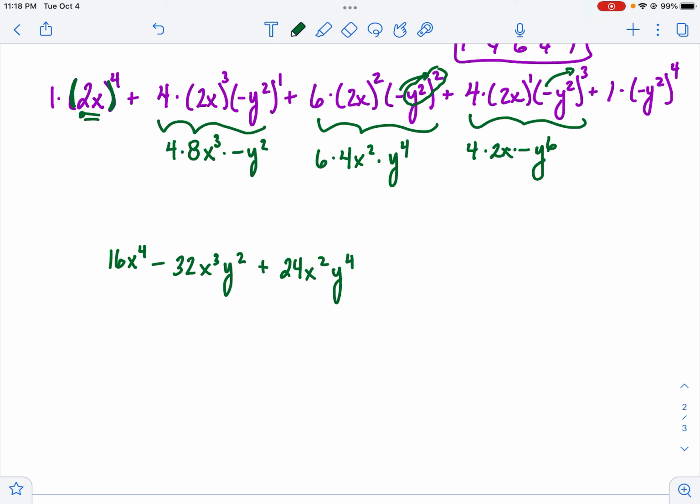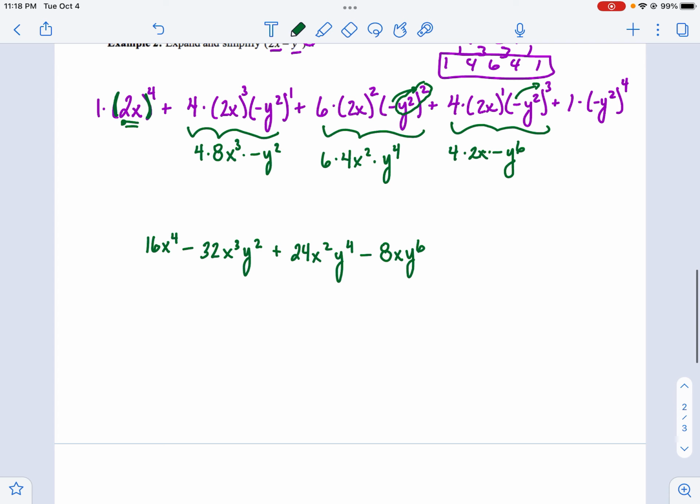So again, we're multiplying here, so this is going to be negative 8x y to the 6th. And then last but not least, that last one, the negative is going to get to the 4th, so it's going to end up positive. And then I'm going to have y to the 2nd to the 4th is y to the 8th.